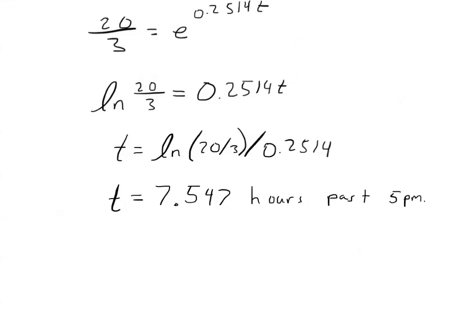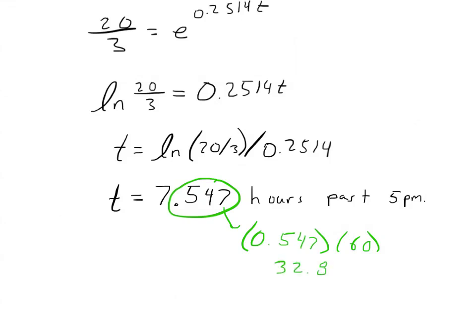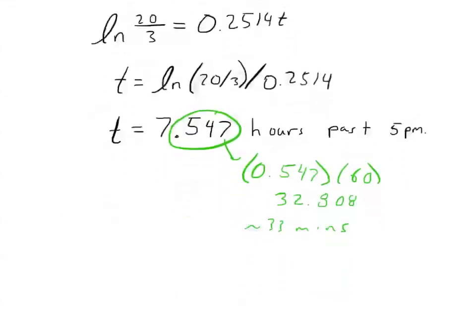Now, if you're interested, something that I did was I took this value and did 0.547 times 60, which tells me how many minutes that is, right? I did that and found out that it was 32.808, so about 33 minutes. So what does that mean in the context?